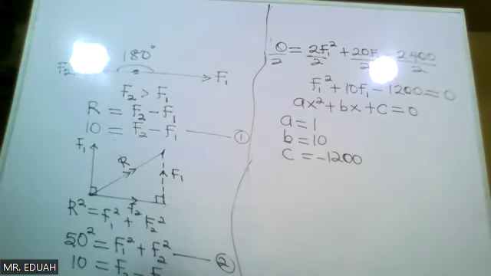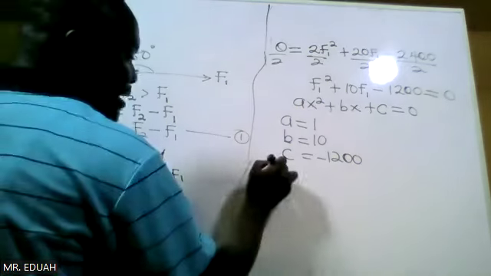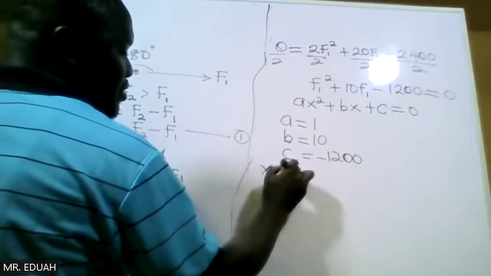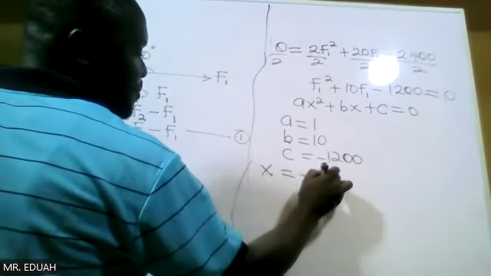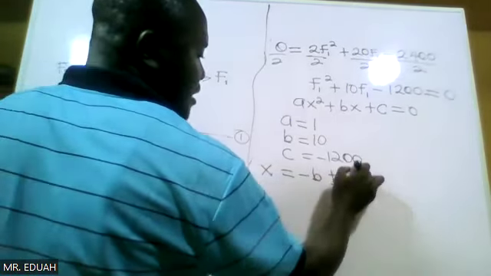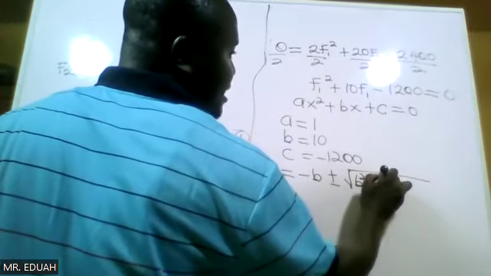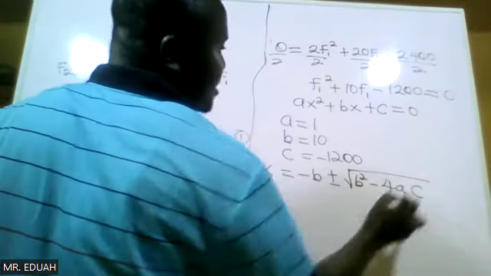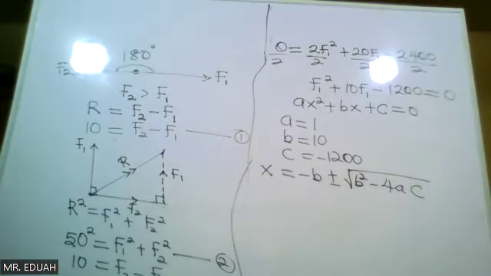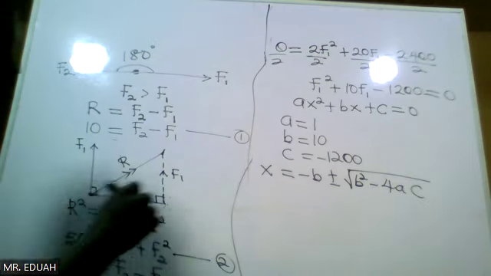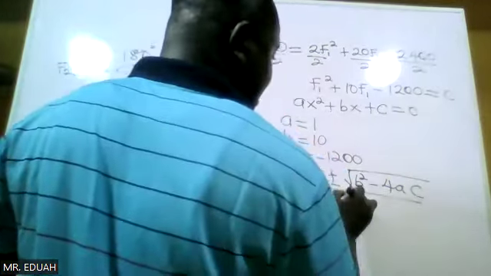Then you come to use the almighty quadratic equation formula, which is x is equal to minus b plus or minus root of b squared minus 4ac, all divided by 2a.